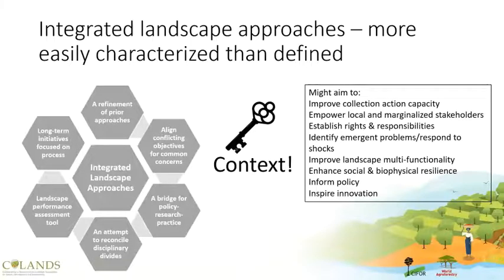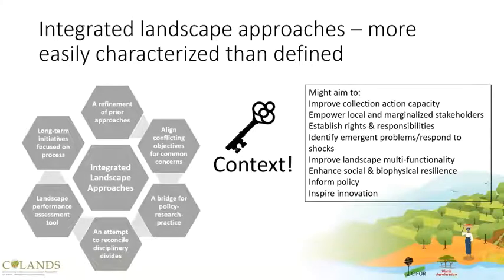So these are the things that we try to remind ourselves when we're thinking of landscape approaches or implementing them. The main thing here is in the middle, the context is absolutely key for operationalizing landscape approaches. They have to be adaptable and you have to be willing to change to meet the local circumstances. And then on the left of the slide, some of the components that encompass a landscape approach.